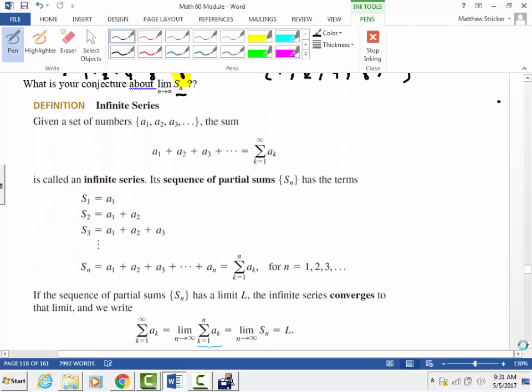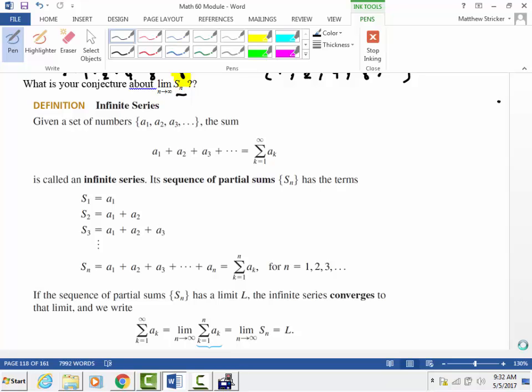So we've already established that this set of numbers is called a what? A sequence. Now, if we add up all those terms, and how many terms are there? An infinite number of terms. Remember, we're talking about infinite sequences. If we add up all those infinite number of terms, we can use this summation notation.